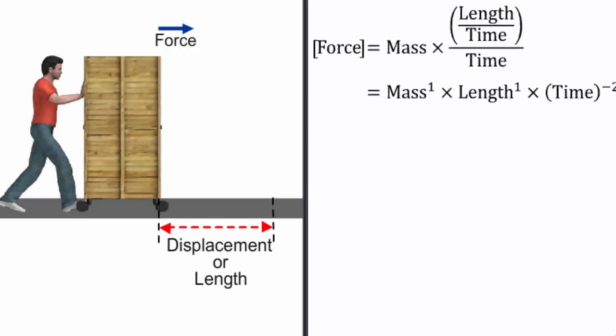The physical quantity expressed in terms of its base quantities is enclosed in square brackets to show that it is an equation among the dimensions of the quantity and not among the magnitudes. Thus, we can write the expression for force as [F] = [M L T^-2], as shown.